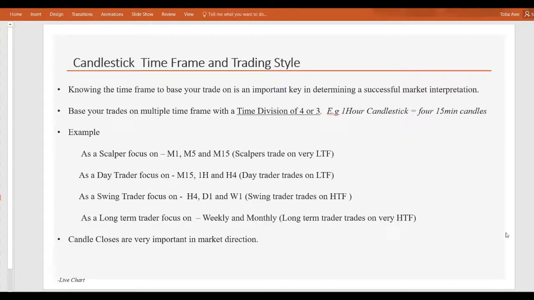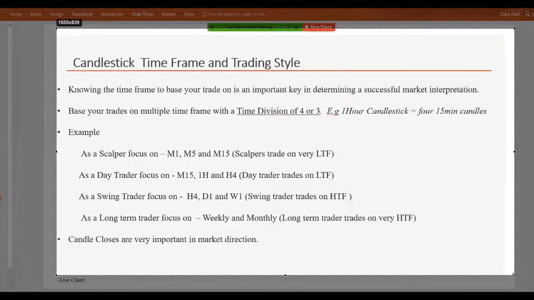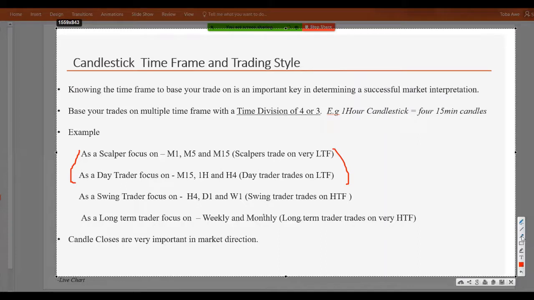Now, these two, the scalper and the day trader, are known as short-term traders.